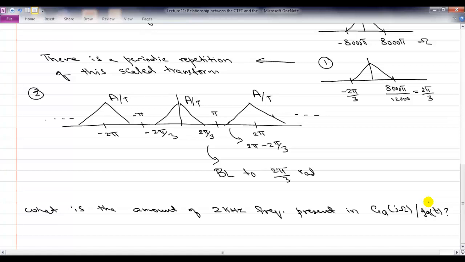So all you have to do is basically look at what is the corresponding location of 2 kilohertz in discrete time. So how do you find it? Instead of looking at GA of j omega, what you can do is look at GE of j little omega, with little omega that corresponds to 2 kilohertz.